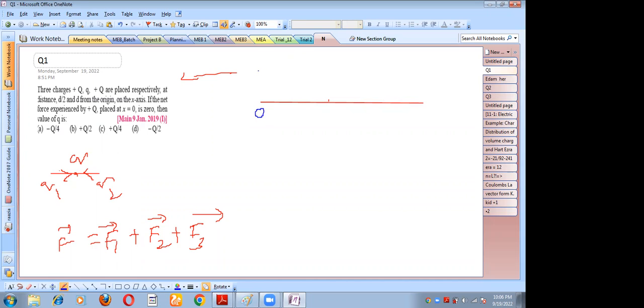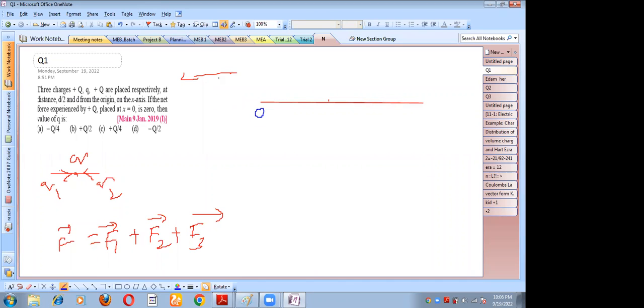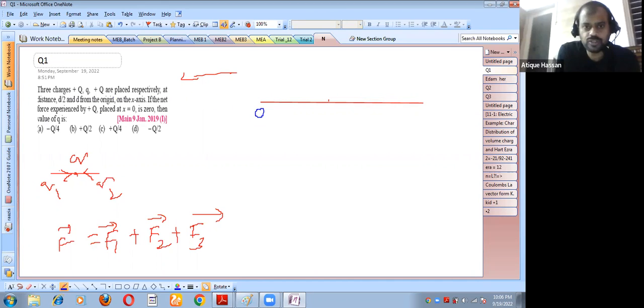Suppose we take the origin like this. Plus q is at the origin. Then one charge, suppose q, is at d by 2, and one charge is at d.